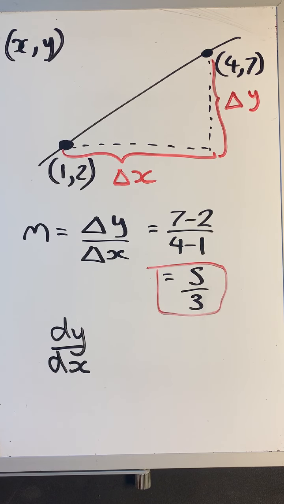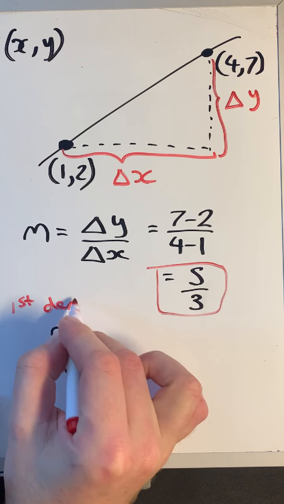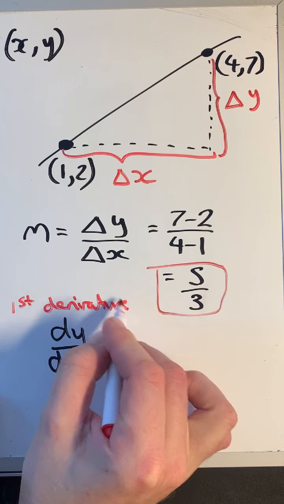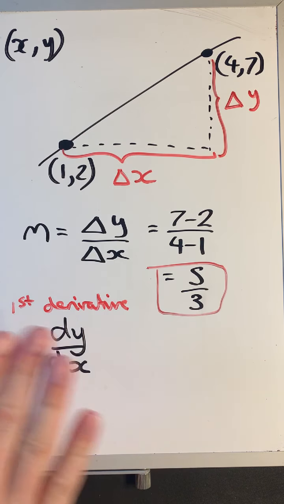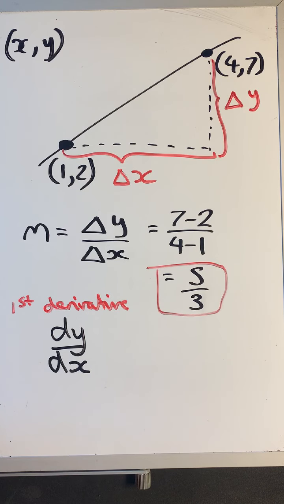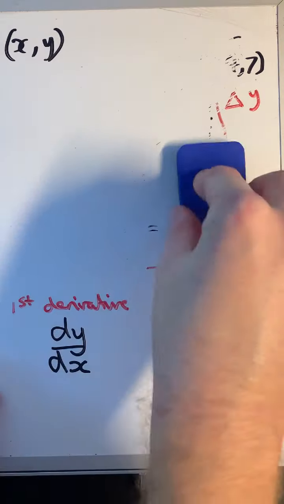This is what we call a first derivative. The name for this notation is Leibniz notation. And of course you can get second derivatives, third derivatives, fourth derivatives, and so on.